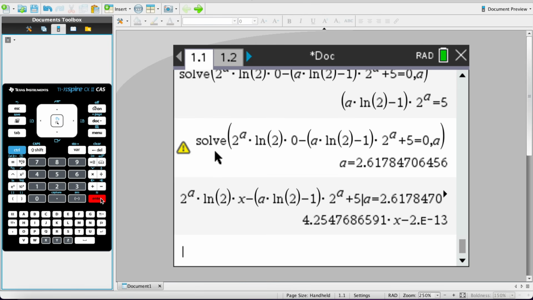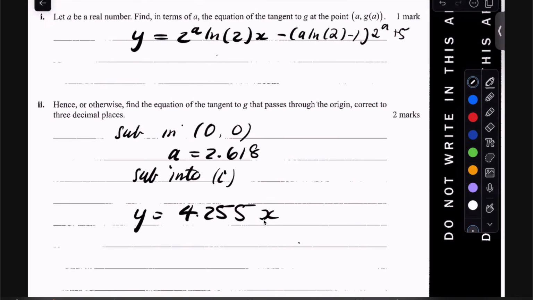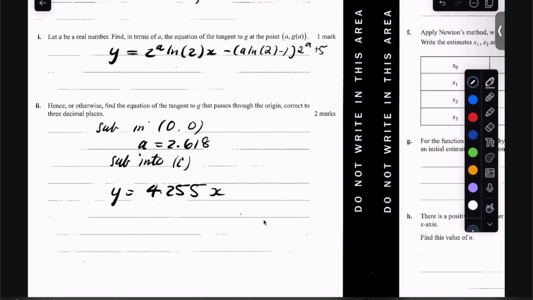So I'm just going to write 4.255x, minus 2e to the power of, it passes through the origin. This is just a really small number, so of course it's just going to have 0, 0, so it's not going to have a y-intercept. So you don't need to write that. That's just because it's approximated, it gave you something very close to 0. So that's all it is.